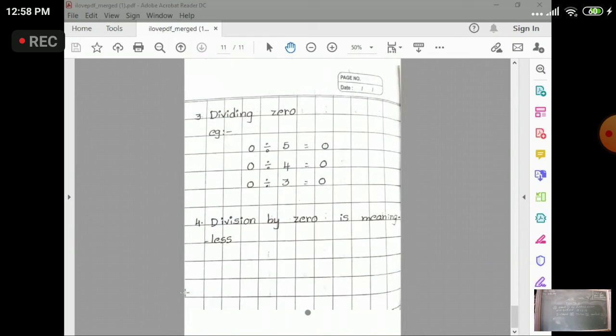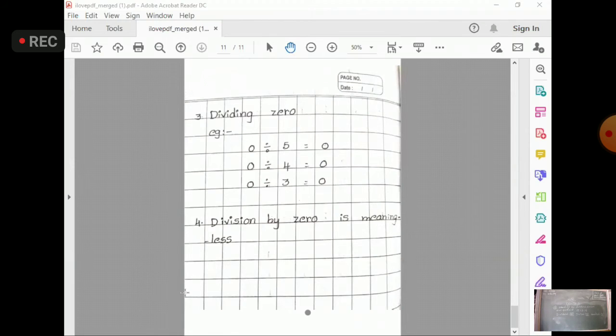Now this is third property, dividing 0. 0 divided by 5 is equal to 0, 0 divided by 4 is equal to 0, 0 divided by 3 is equal to 0.